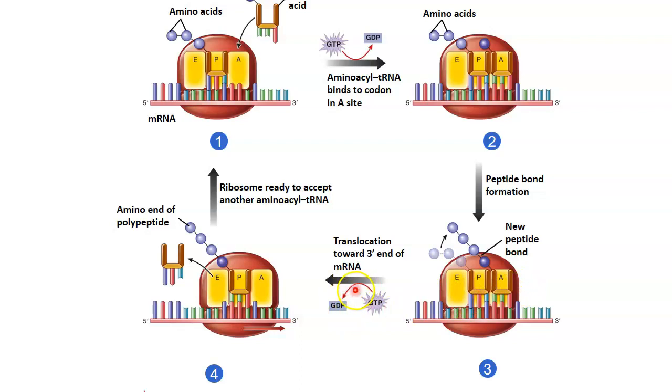That's going to require energy. So the ribosome moves this way. And so therefore, this tRNA molecule that was in the A site is now in the P site. It's got the growing polypeptide chain. And the tRNA that was in the P site that had nothing now attached to it moves to the E site and it leaves. And this process continues and continues and continues, and this will grow and grow and grow.